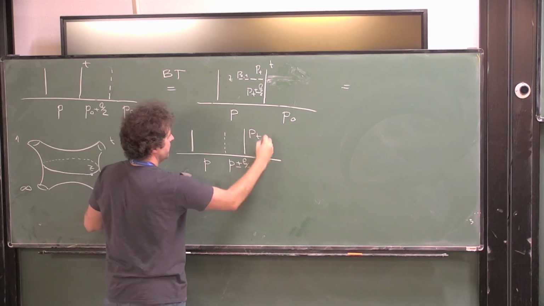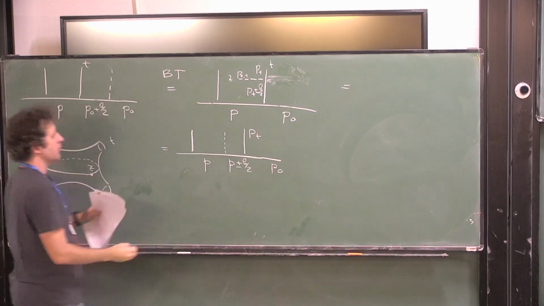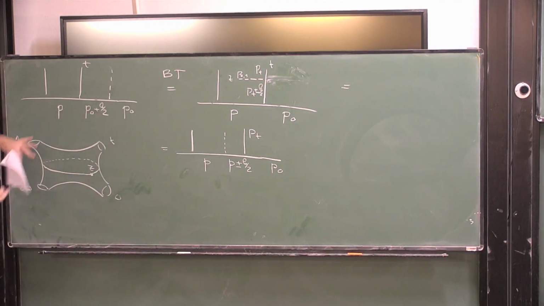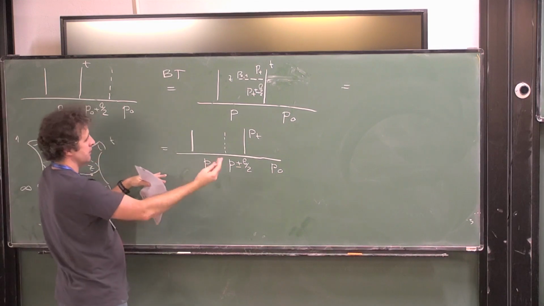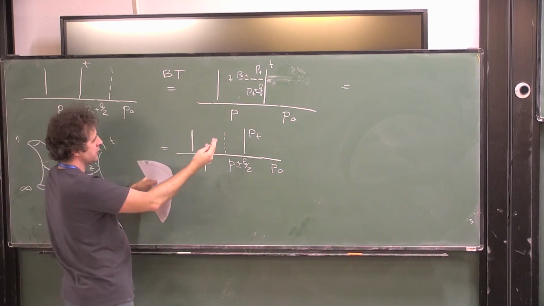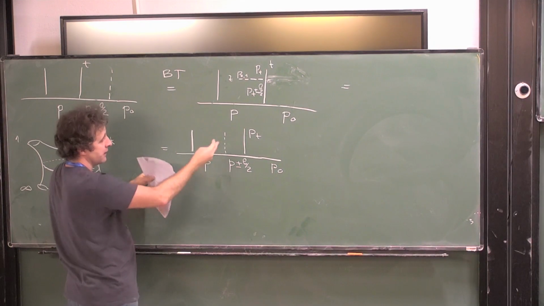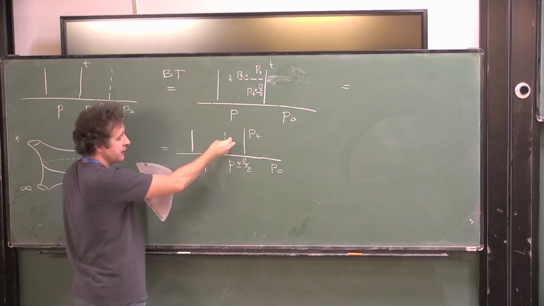Here we have Pt, and here we have P naught. So every time when we make this fusion transformation, the external dimensions do not change.